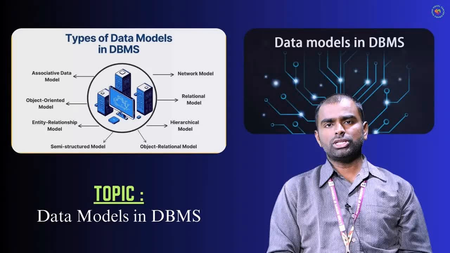For example, I need the students who are having CGPA more than 9. So you concentrate on the CGPA column, and the corresponding student names who have more than 9 you have to display. That is the relational model, where individual element access is possible.